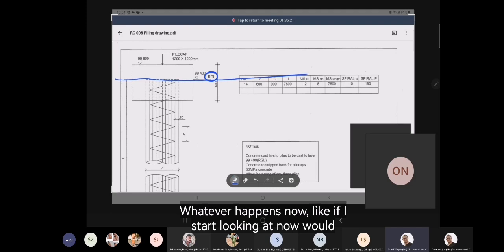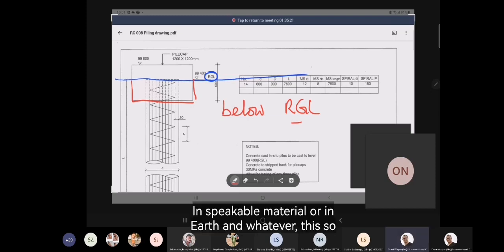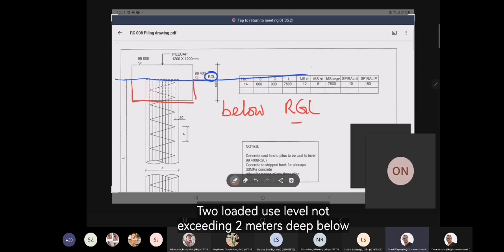Whatever I start looking at now would happen below my reduced ground level. Okay? So I now need to excavate in pickable material or in earth or in whatever the soil conditions are for pile caps, below reduced level, not exceeding 2 meters deep below reduced level.